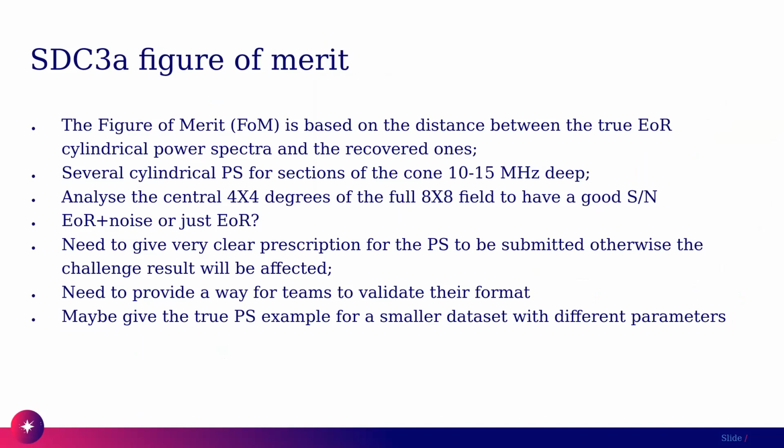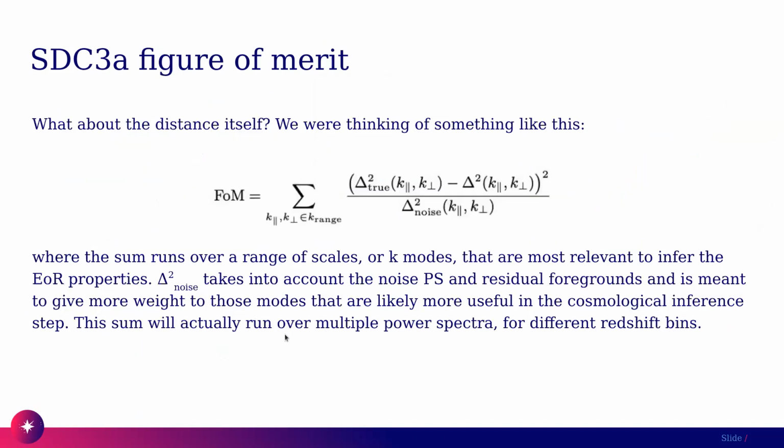And now they will evaluate our result, whether it is matching or not. This is the figure of merit, mainly you can say it's a chi-square. So you have the power spectrum at different k parallel and k perpendicular modes. And you have measured something, and there is a true value they already know from the simulations, and you have to estimate the noise also, and you have to sum.